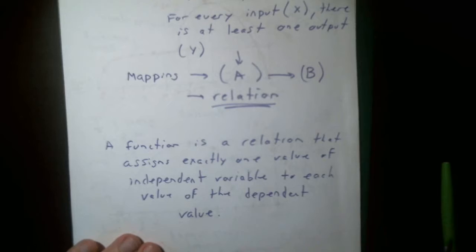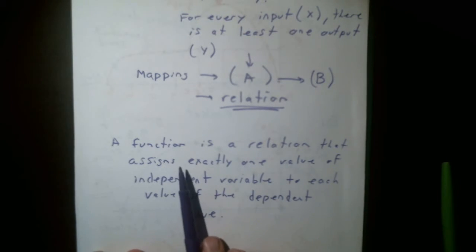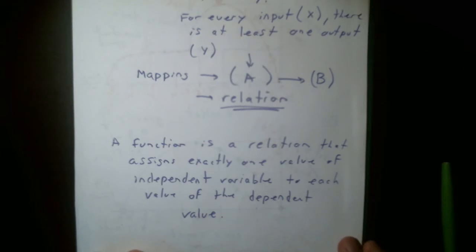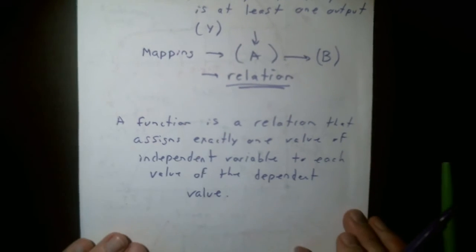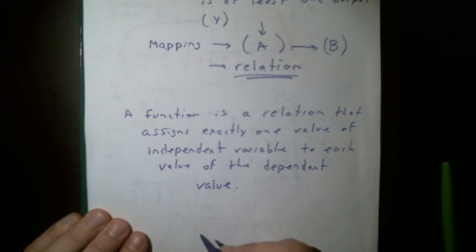So let's read that again while you're reading that down. A function is a relation that assigns exactly one value of the independent variable to each of the dependent variable. So let's think about this. If that was a lot, well, that's the most complex one.